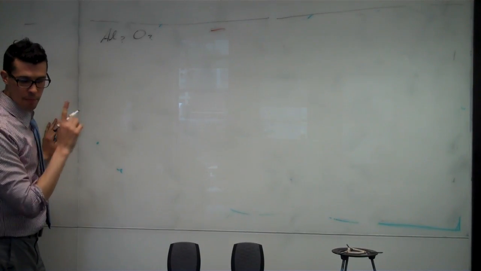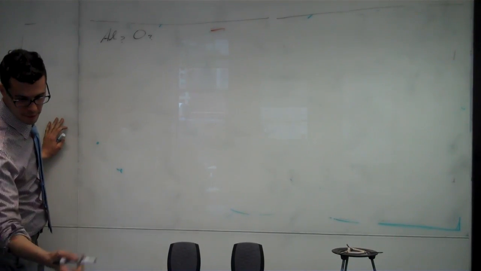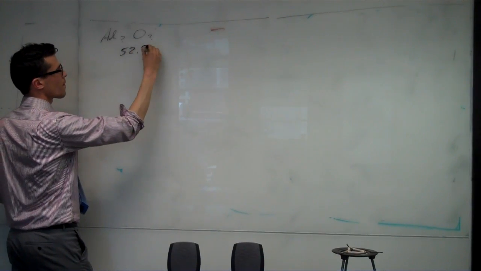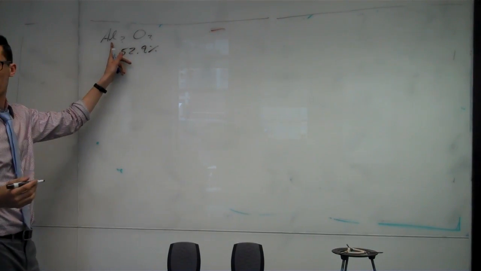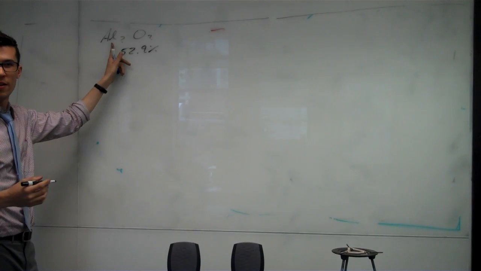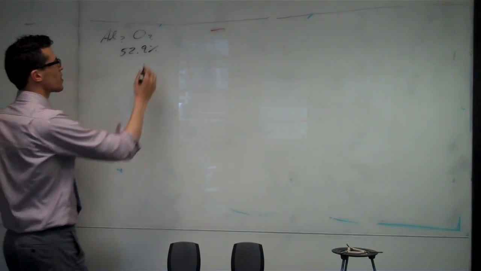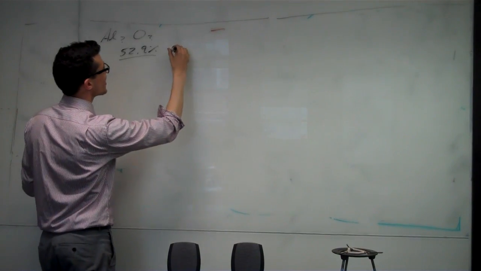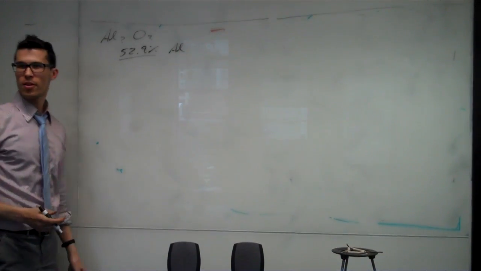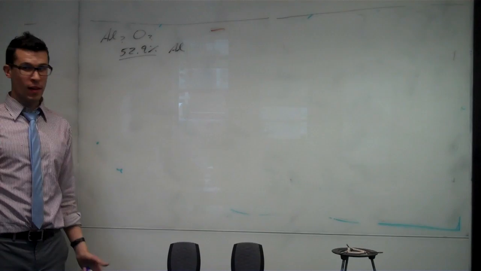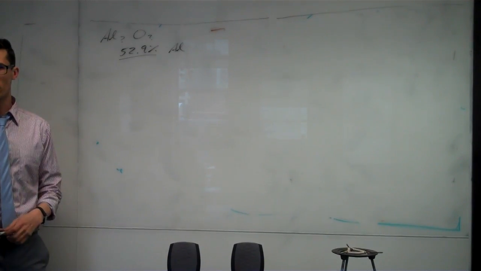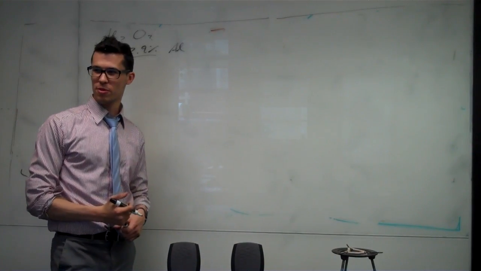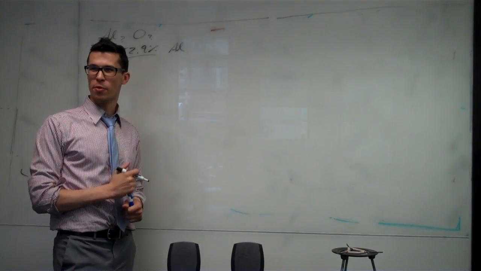But we do know that 52.9% of this molecule is aluminum. So now we know a lot. We can actually solve this problem. That's all we need. That's why I like these problems, because they have such a small starting point.